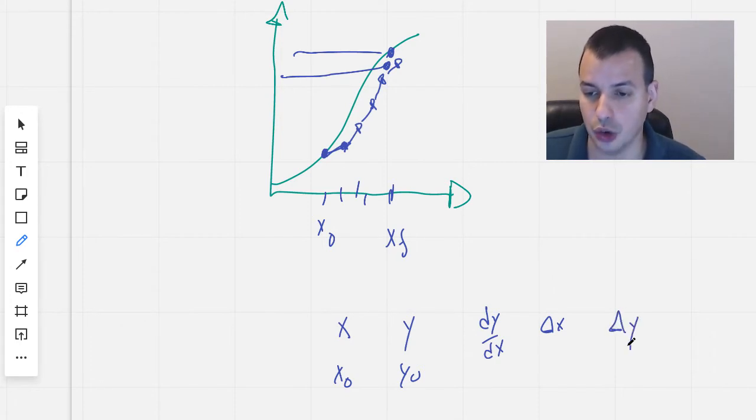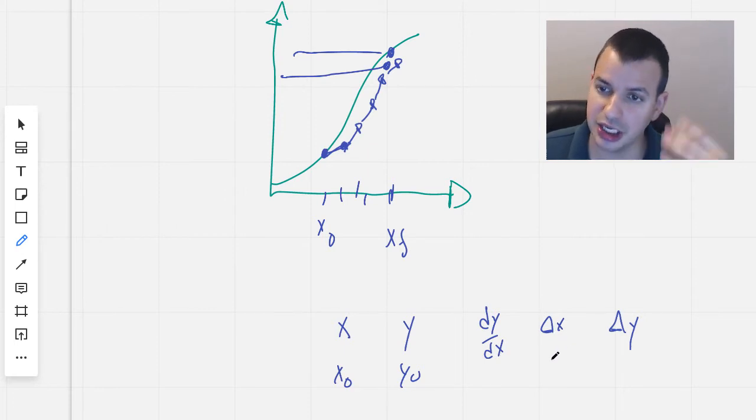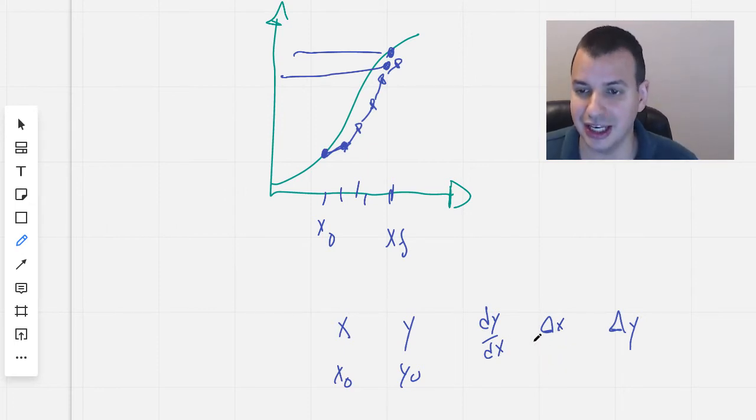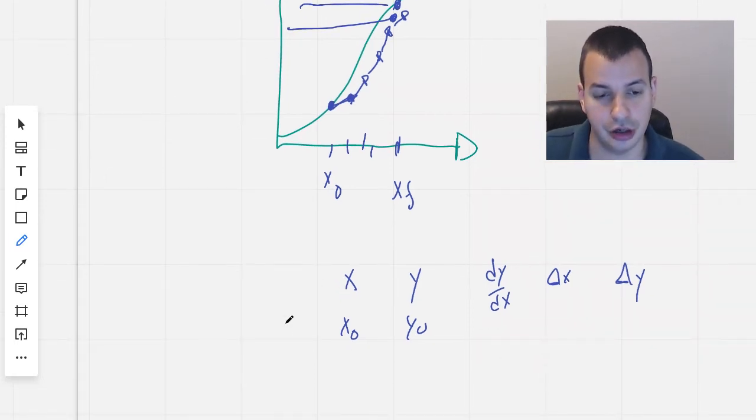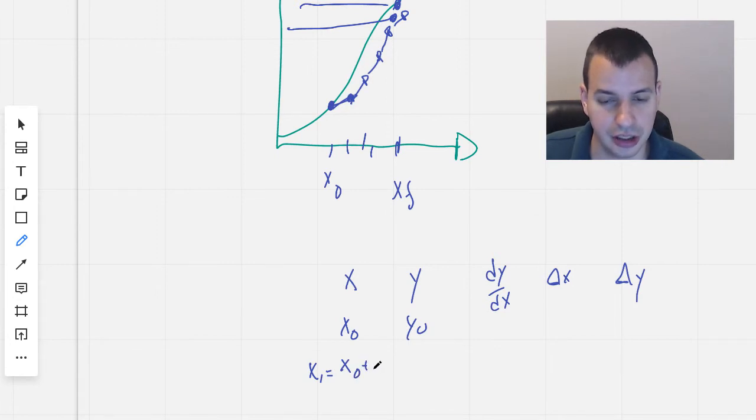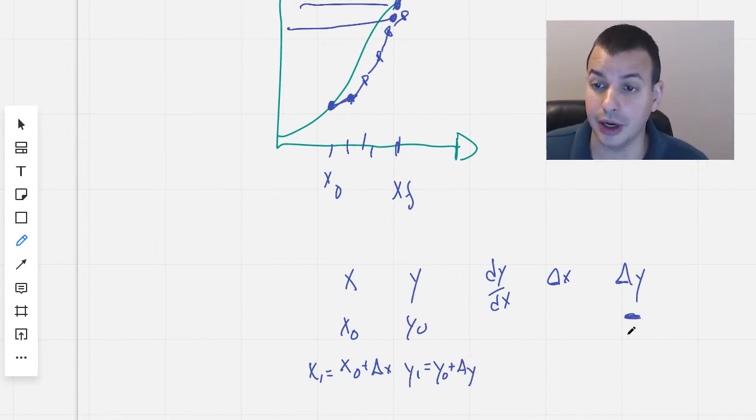And you'll have a change in y, which will be your dy dx times your delta x, your step. This is what makes it a linear approximation. Then you have your change in y. And then your x1 will be your x initial plus delta x. Your y1 will be your y initial plus your delta y, which you calculate right here.